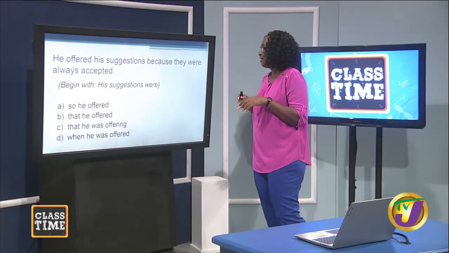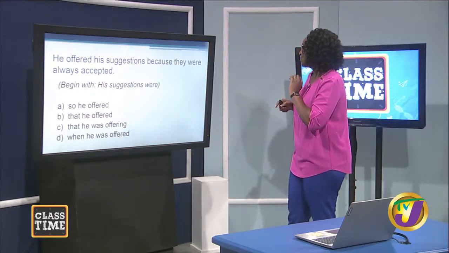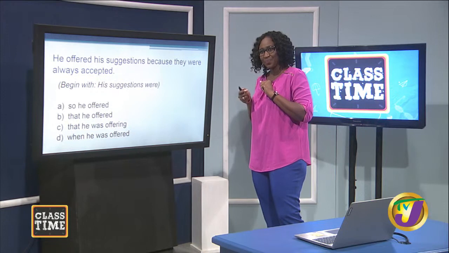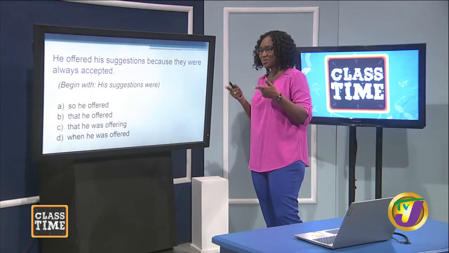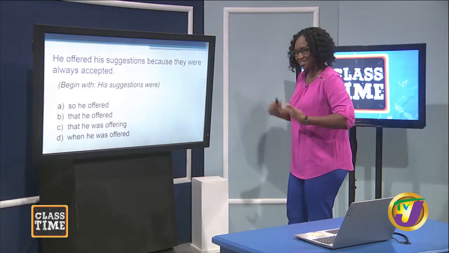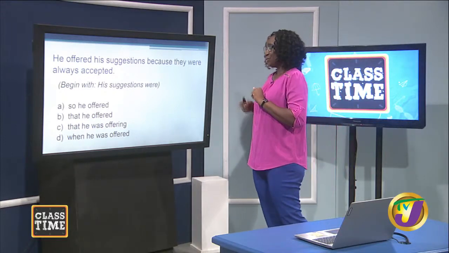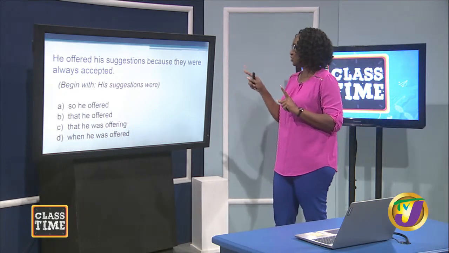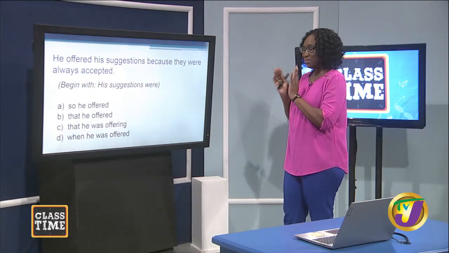Ready again. He offered his suggestions because they were always accepted. Yes, man. Encouragement sweetens labor. So if you always accept, then of course you're going to always offer. No, you need to change how you start the sentence and use his suggestions were. So remember the meaning segments now.